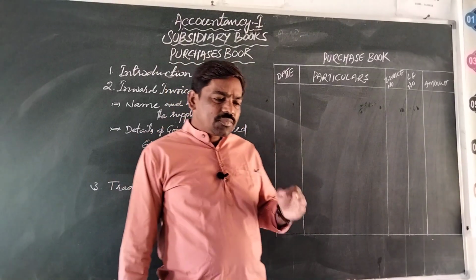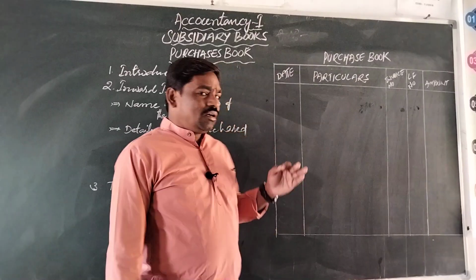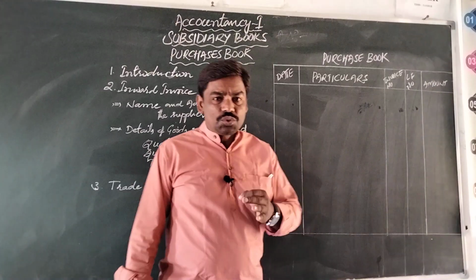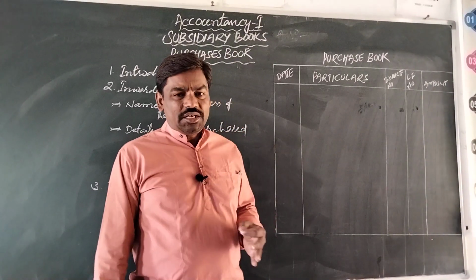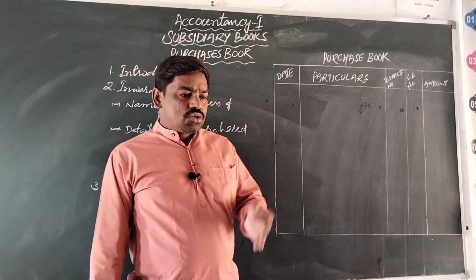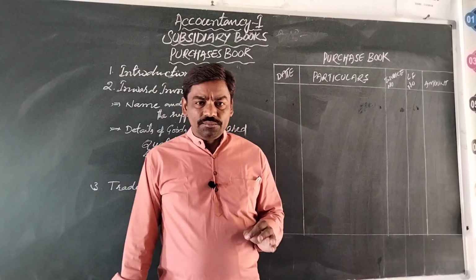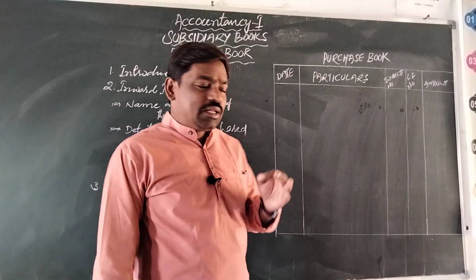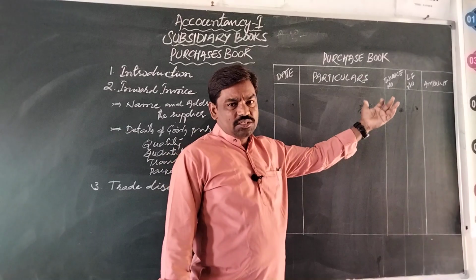Next, while recording the transactions in the purchase book, we use an evidentiary document, that is the inward invoice. Whatever details are available in the inward invoice can be used to record that information in the purchase book.